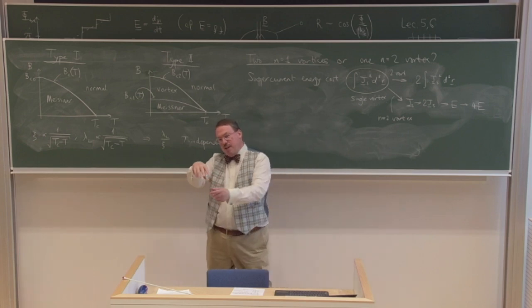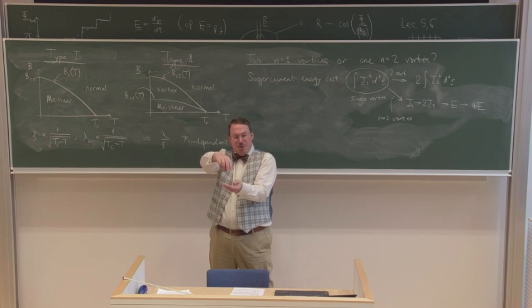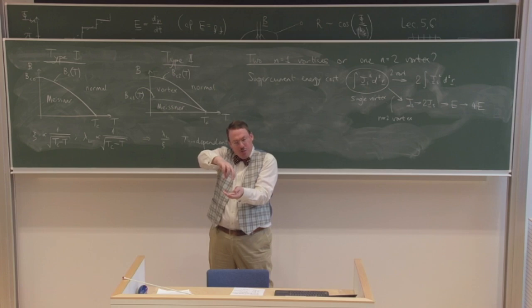If you actually take one of these kits where you levitate a superconductor over a magnet, you may have noticed that you have to kind of press the superconductor down onto the magnet to get it to stick. What are you doing there? You're creating vortices in the sample which then pin. And you can tell that they're pinned because if you rotate the superconducting sample, there's a restoring force.